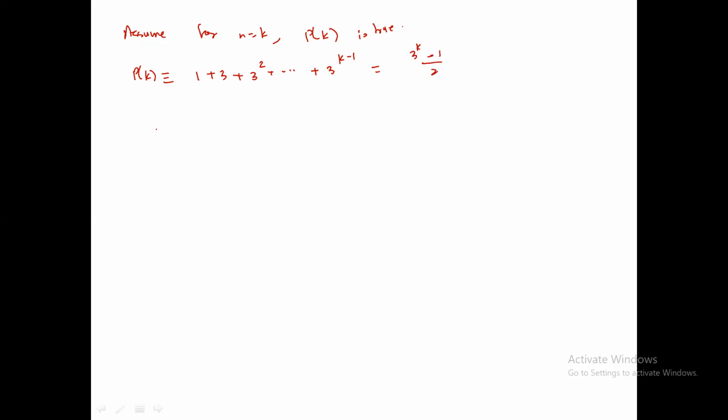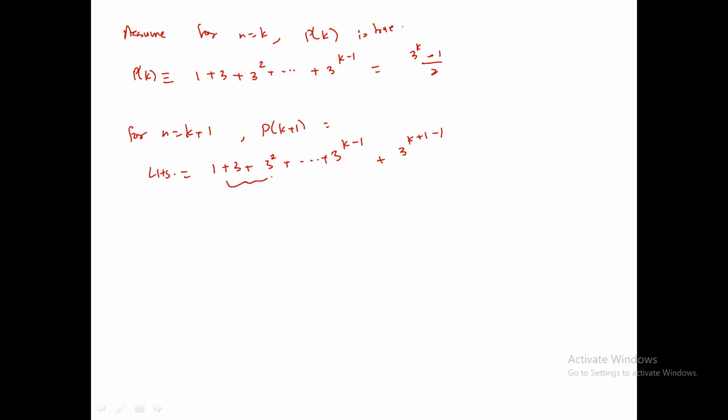This is P of k. Now for n equal to k plus 1, we will take P of k plus 1, but we will take only left hand side. 1 plus 3 plus 3 square up to 3 power k minus 1, then 3 power k plus 1 minus 1, because n I am putting as k plus 1. This is left hand side.